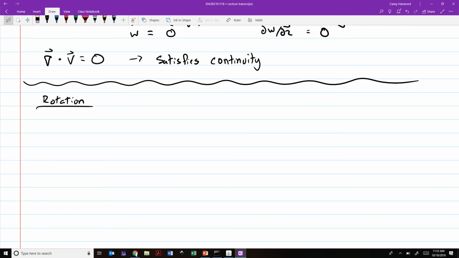So rotational components. What if we have these cross derivatives such as du/dy and dv/dx?